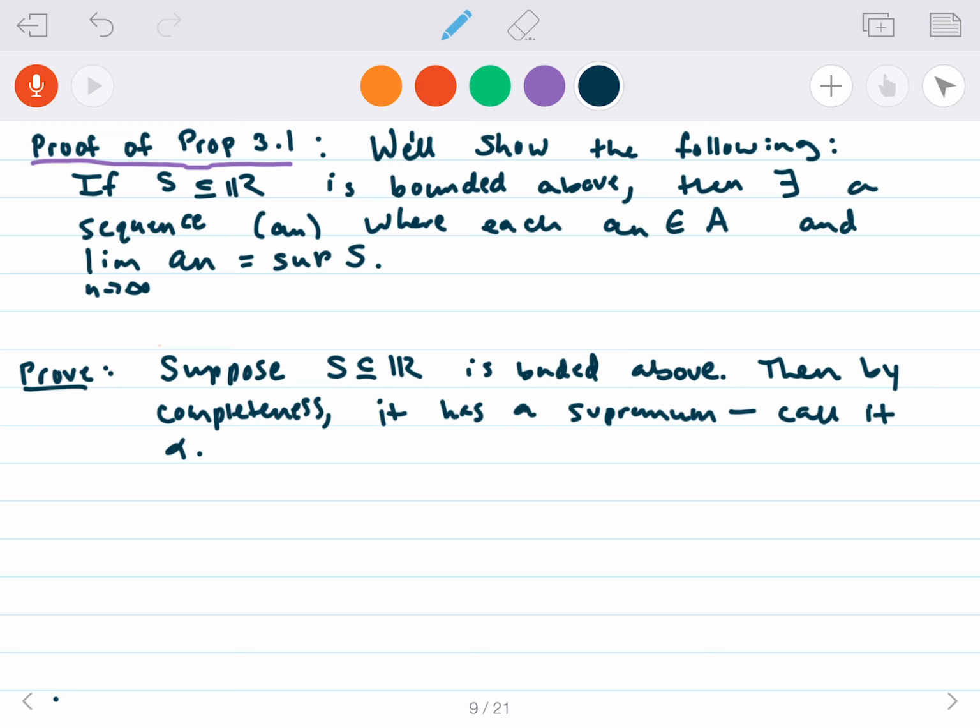Okay, let me make sure I'm recording. Okay, we're good there. All right, so what do you think we're going to use here? Well, we have a supremum, so it probably makes sense to look at the supremum analytic theorem.